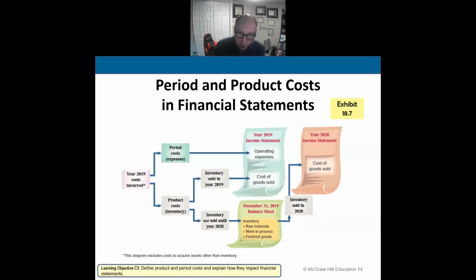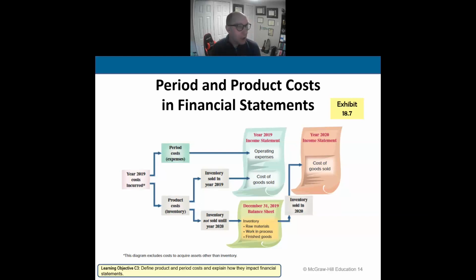The product costs are allocated to both your income statement and your balance sheet. When we sell a car, we collect revenue from the sale, and on our income statement you're going to see something called cost of goods sold. You remember what that is from Accounting 201.